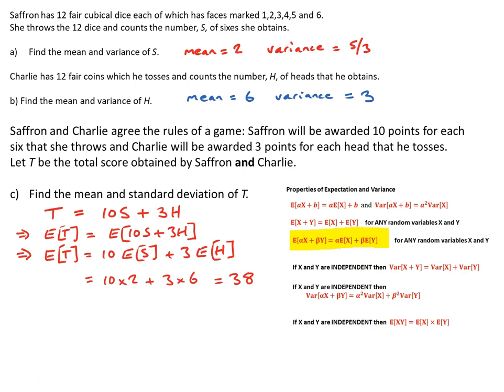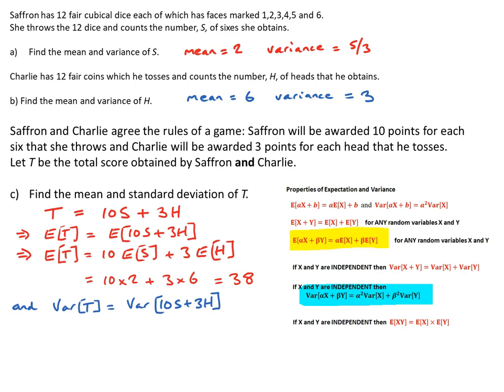And the variance of T is going to be the variance of 10S plus 3H. And since S and H are independent of each other, the number of 6s that Saffron obtains is going to have no effect at all on the number of heads that Charlie obtains, so they are independent of each other.